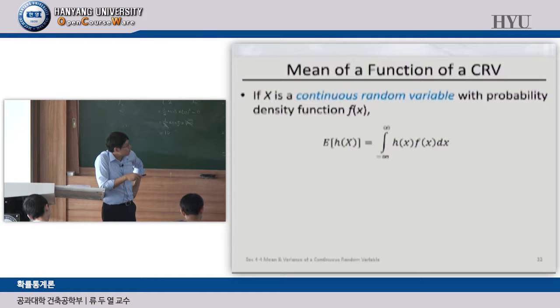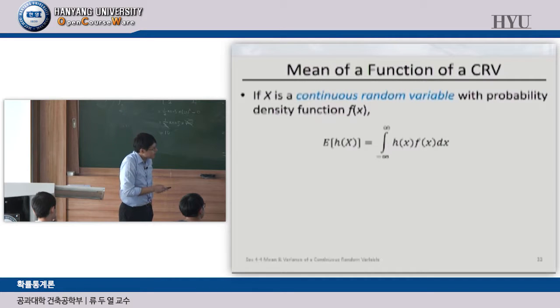If X is a continuous random variable with probability density function f(x), then E[h(X)] is equal to the integration of h(x) multiplied by f(x) from minus infinity to infinity. Okay? So if the continuous random variable is expressed as a function, we can use this equation. X should be substituted by h(x).